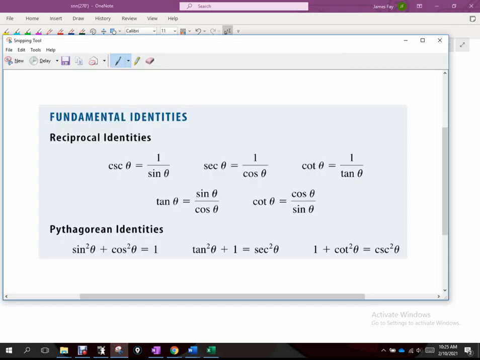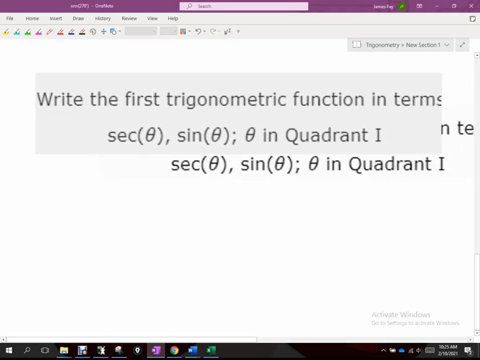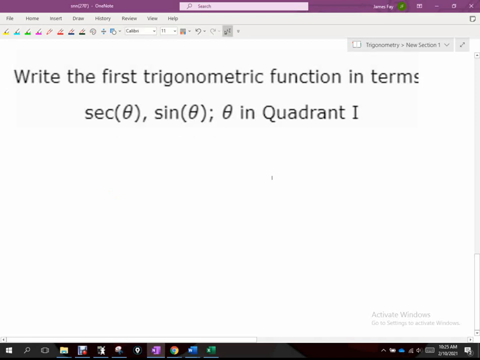You're right. Okay, so we've got question 30 and 31, very similar. I'm going to change it a little bit. Let's put this in quadrant 2. Because in quadrant 1, everything's positive, right?